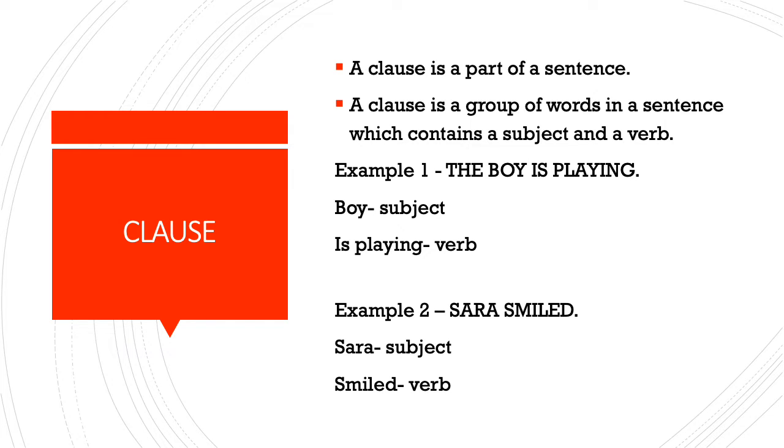Boy is the subject, is playing is my verb. So the boy is playing is my clause. In the second example, Sarah smiled. Sarah is my subject and smiled is my verb. So you will notice that a clause is a group of words which has a subject and a verb. Clear?